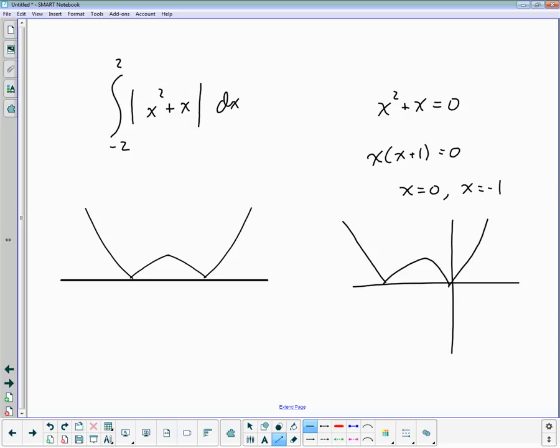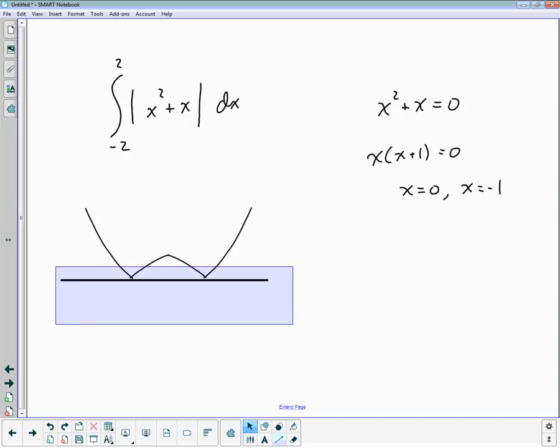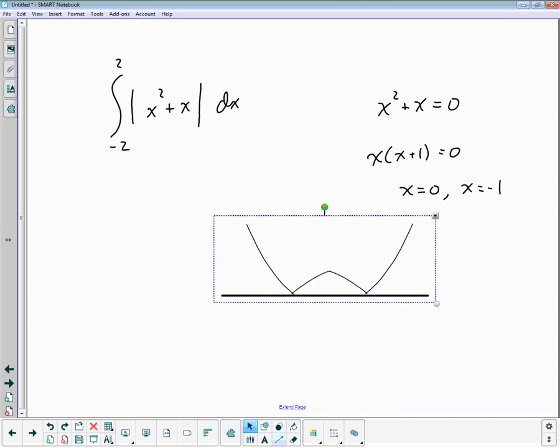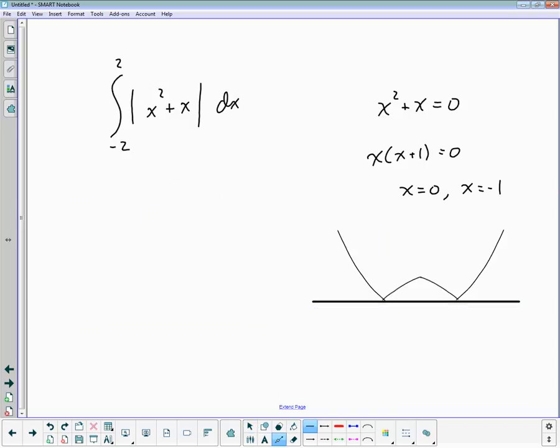So anything that was below the x-axis is now above the x-axis.